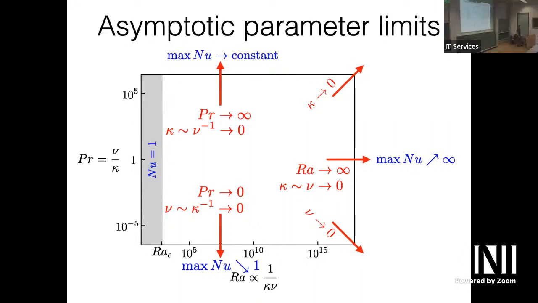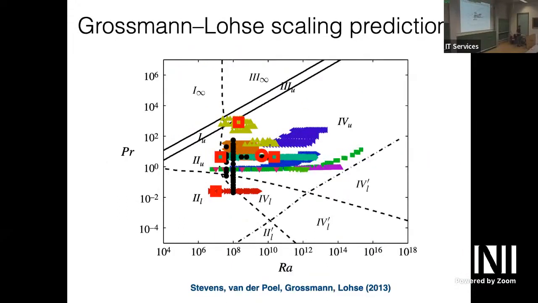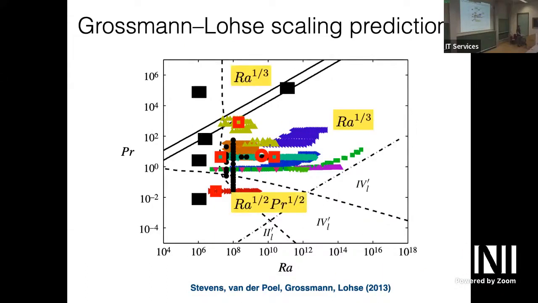So let's go to the famous Lohse-Grossmann diagram. This was presented to the world at a Santa Barbara, we now call it Kavli Institute, turbulence meeting in the year 2000. At that point in my life, I was between jobs.